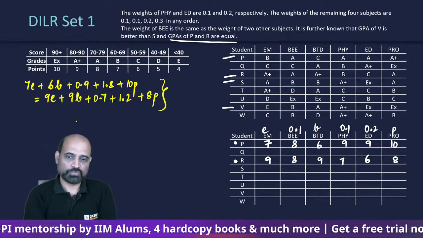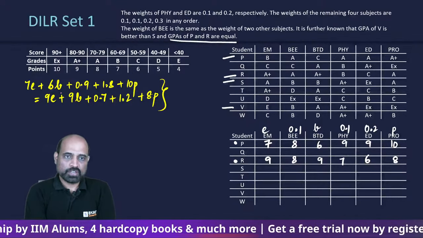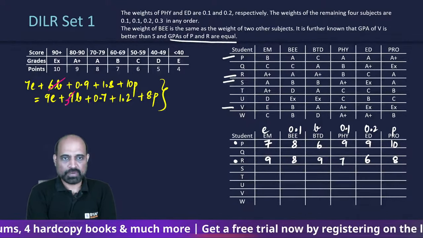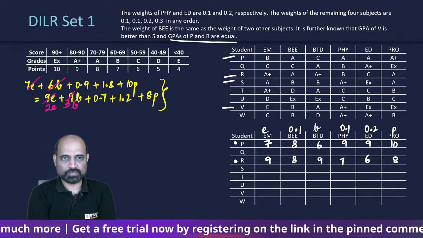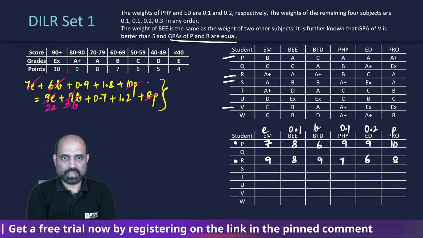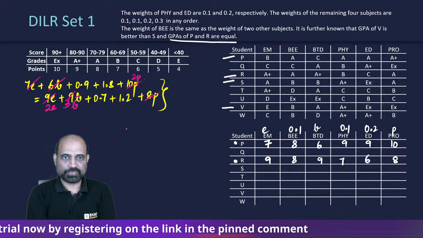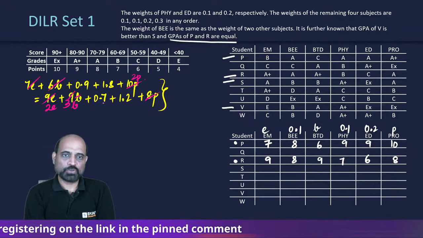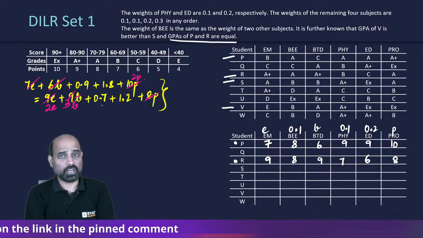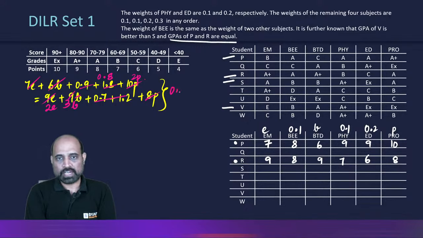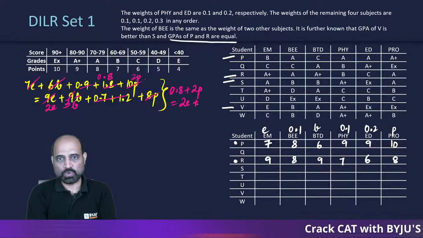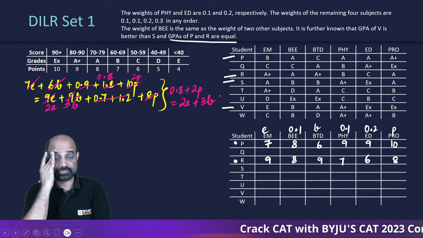So if we solve this, 6B and 9B will make it 3B, 7E and 9E will make it 2E, 10P and 8P will make it 2P, 1.2 plus 0.7 is 1.9, right? So 1.9 and this will cancel out and I'll be left with 0.8. So we'll get 0.8 plus 2P is equal to 2E plus 3B.